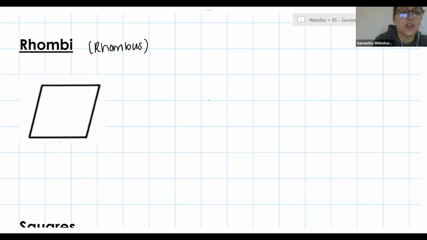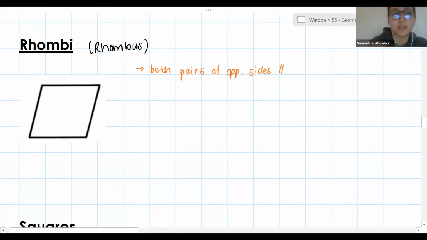Nice. Okay, good. So I'm going to split those 2 up, mostly because the 4 sides equal is now a special property of a rhombus. So I just want to deal with them separately. So we've got both pairs of opposite sides parallel. And this was the same for a parallelogram, which makes sense because a rhombus is a special type of parallelogram. Both pairs of opposite sides are parallel. Sorry, I have to sometimes talk and write.